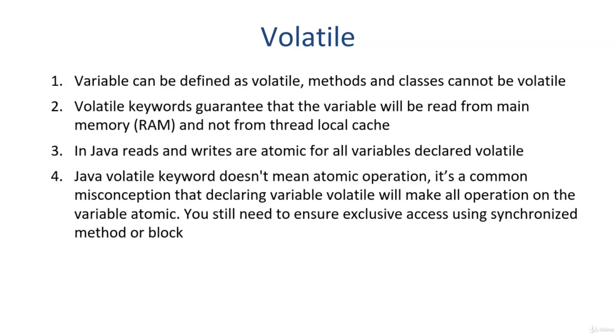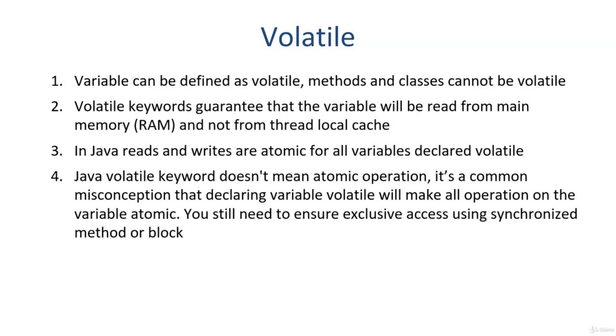So when you define a variable as volatile, you cannot expect that all the methods or all the threads accessing the volatile variable will be synchronized. Those threads can still have a stale value.